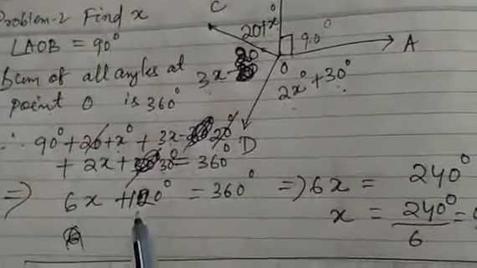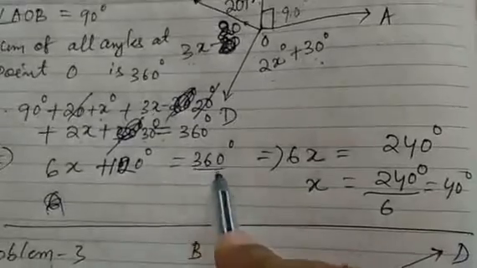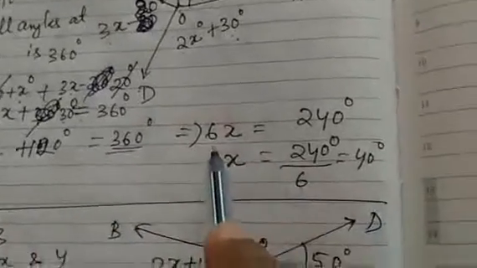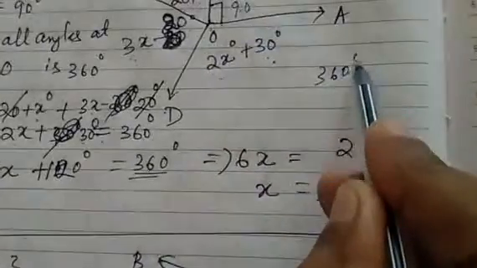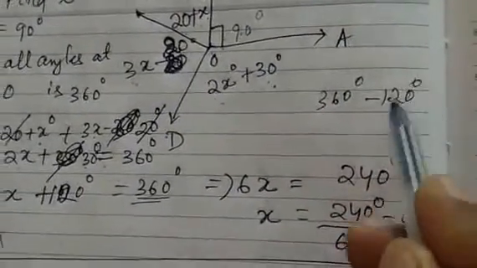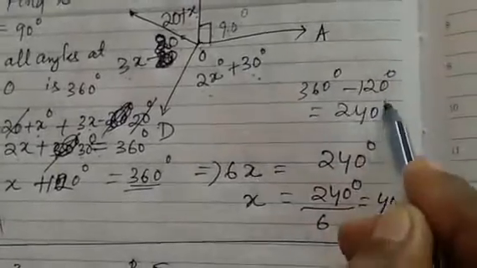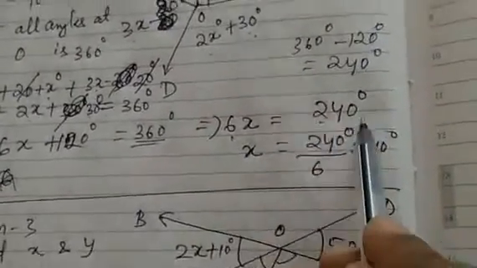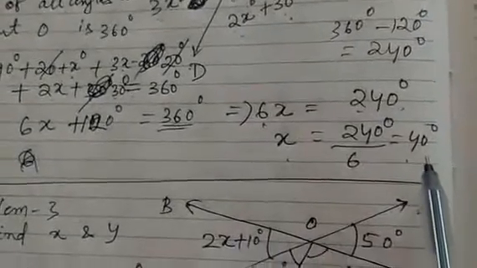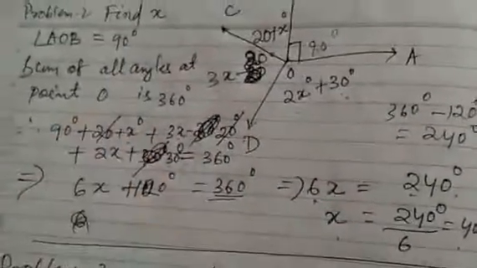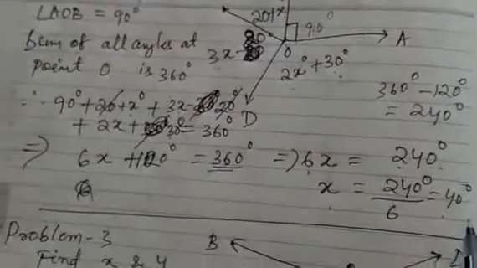So 6x plus 120 degree is equal to 360 degree. So 6x is equal to 360 degree minus 120 degree, that is 240 degree. Therefore x is equal to 40 degree. So the measurement of x is 40 degree.